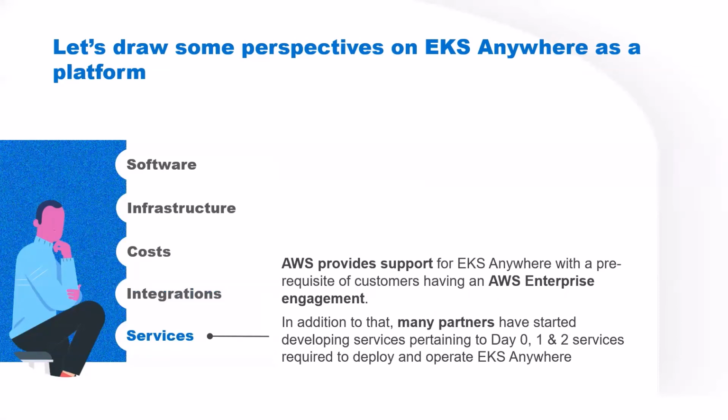So there's a lot that AWS can provide actually, for a cost. In addition to that, I've seen there are a lot of partners who have been providing day 0, day 1, and day 2 services for EKS. They have started building this portfolio and competencies for EKS Anywhere.